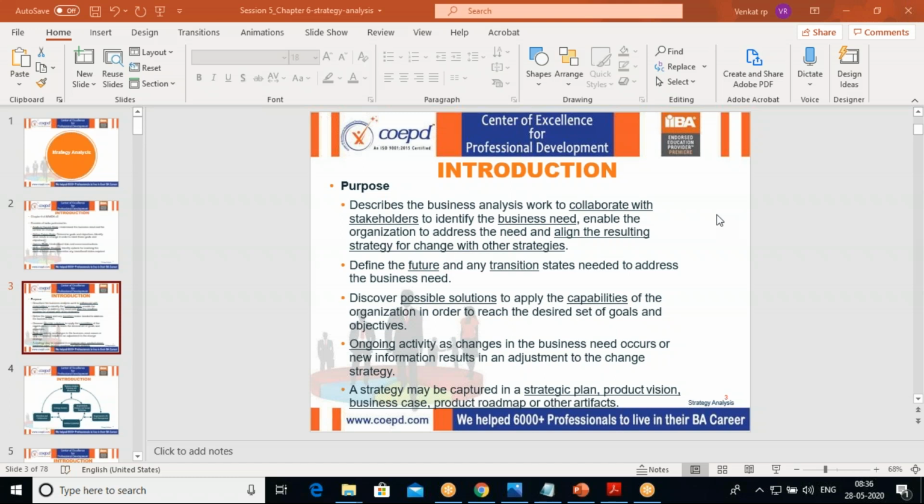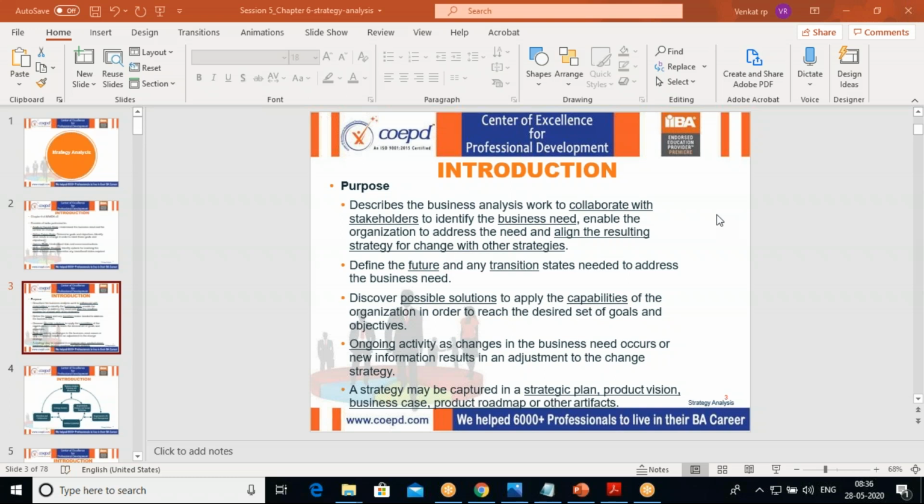And all this will happen in a particular context. This change is going to happen in a particular context. So if you understand this BACCM, you can understand BACCM is all about strategy analysis only. The base of BACCM is strategy analysis, okay?